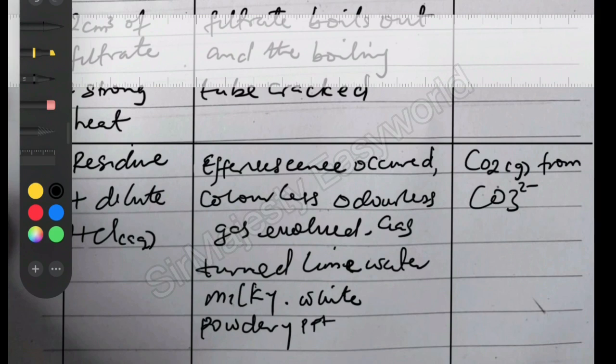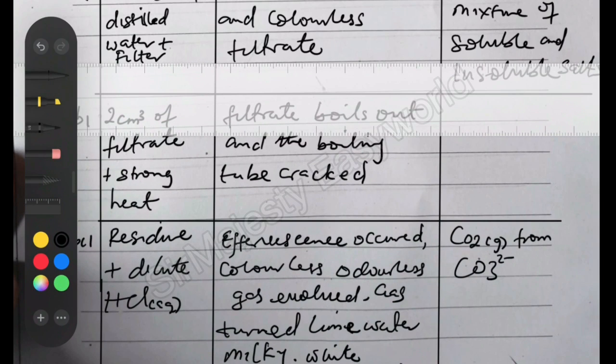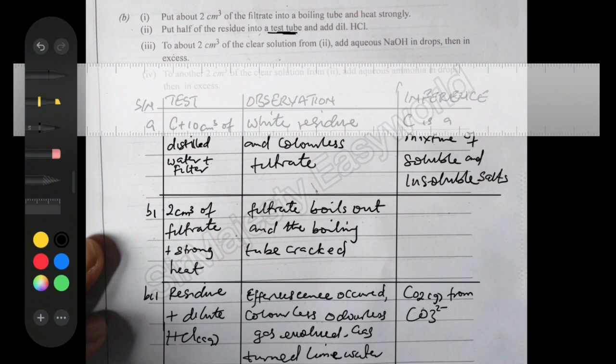Okay, remained in the solution or in the mixture, probably lead 2 chloride, which is true. So we move on there because of space.